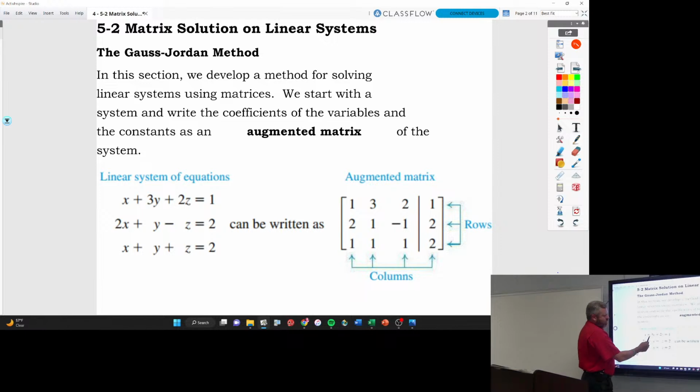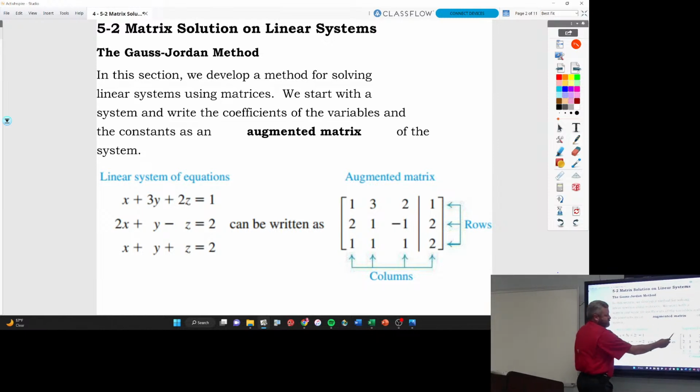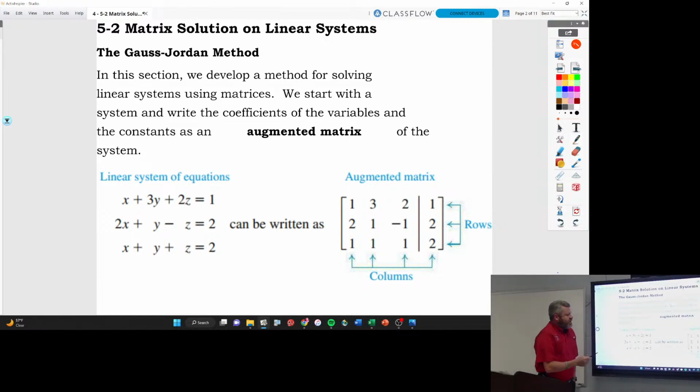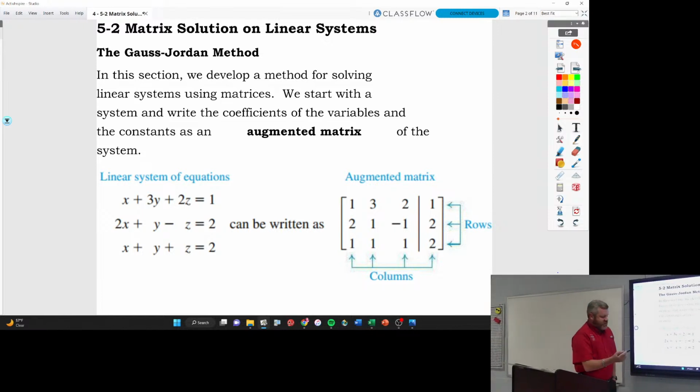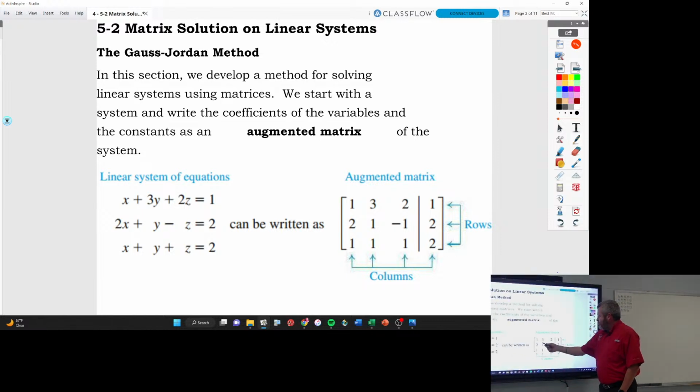If we look at just the coefficients of the first equation, the coefficient of my x is a 1, the coefficient of y is 3, the coefficient of z is 2, and of course my 1 is on the other side. And so we do that with all 3 equations, and each equation creates a row.